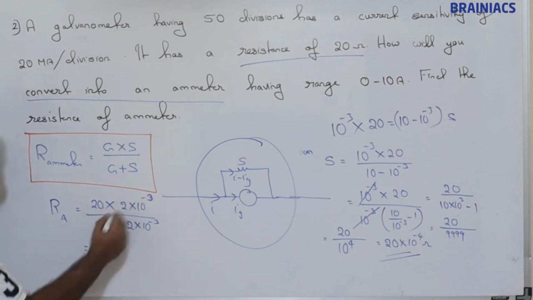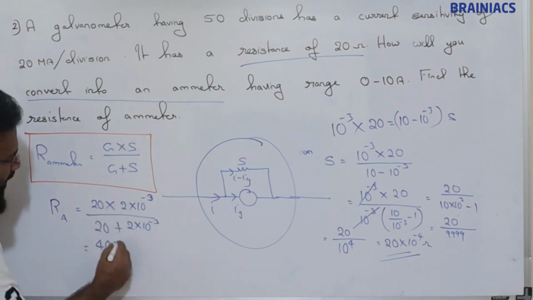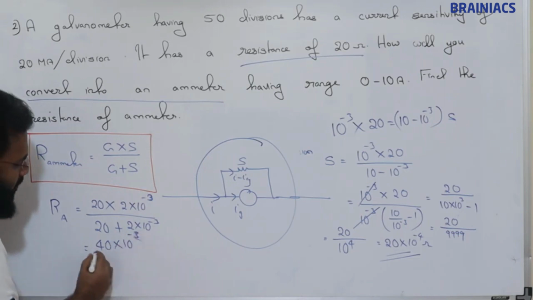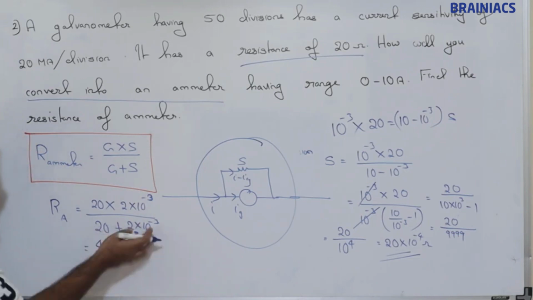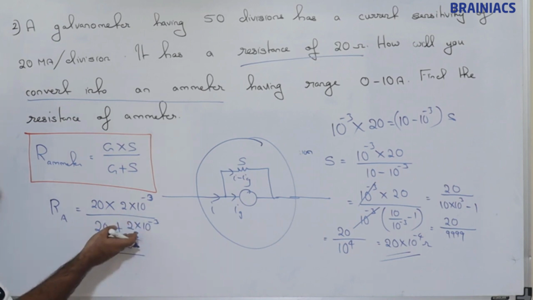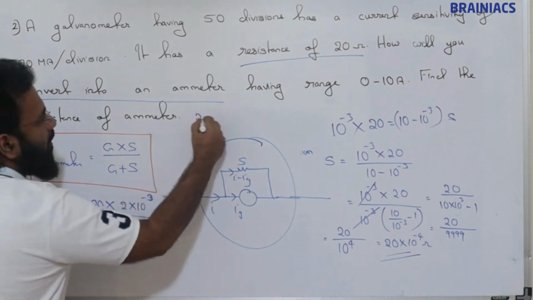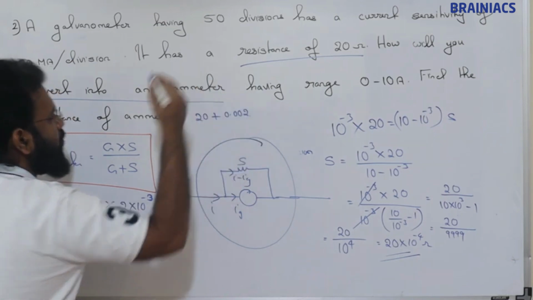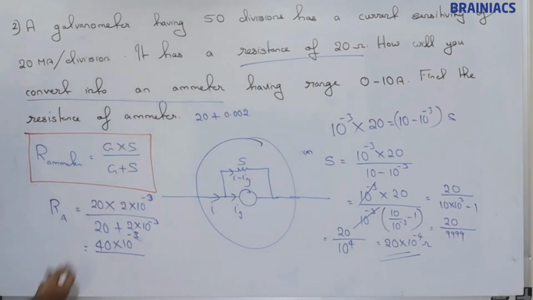So this is 40 into 10 raised to minus 3, divided by, what will happen if we add 20 plus 0.002? This is not going to make any difference.